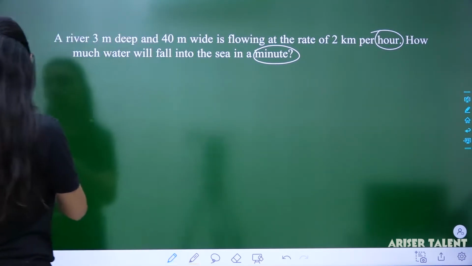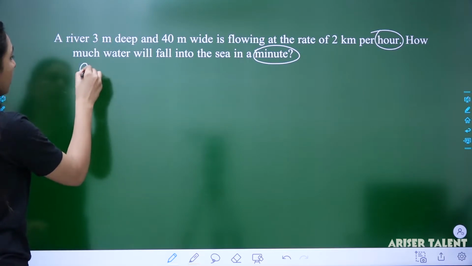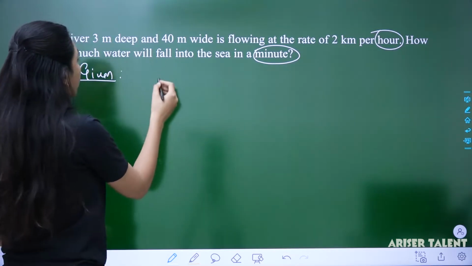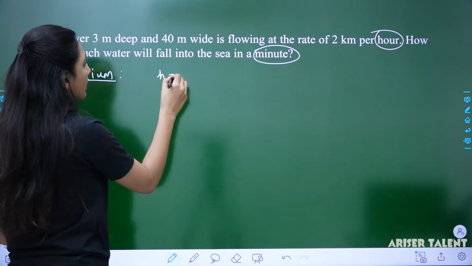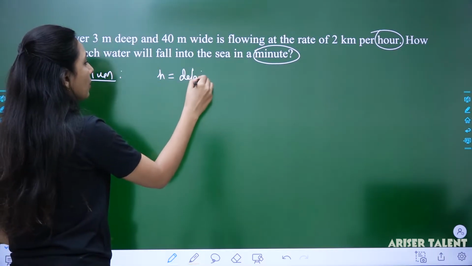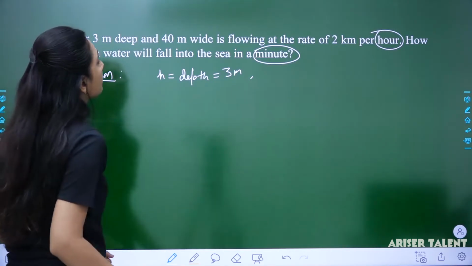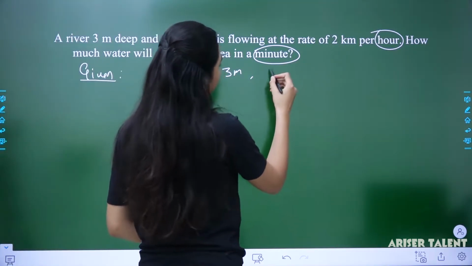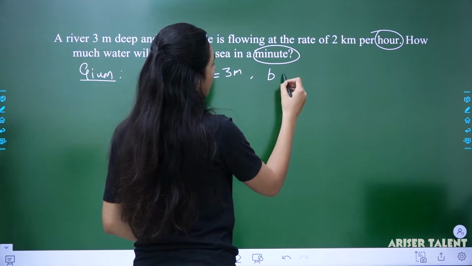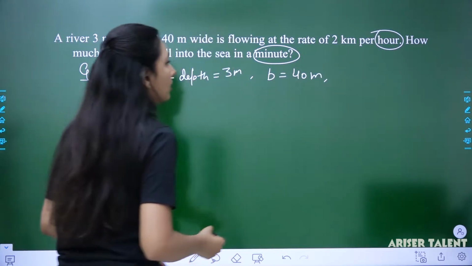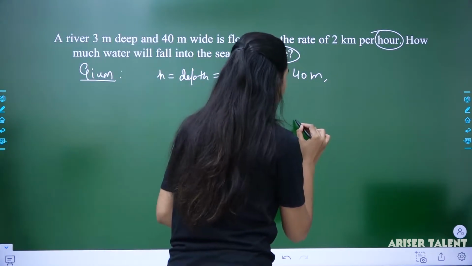Okay. Given the depth, or you can say the height in our formula, is 3 meter and it is 40 meter wide. So width equals 40 meter. Now length. Let's talk about it.